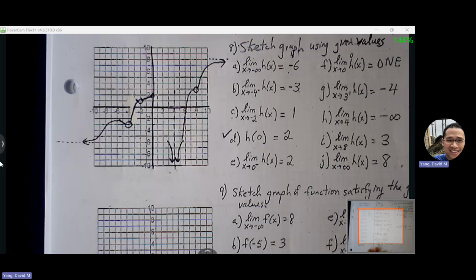I see some students have the asymptote here, and they end up drawing it like this. This is not approaching negative infinity. Make sure your arrows are headed towards and not away from each other.